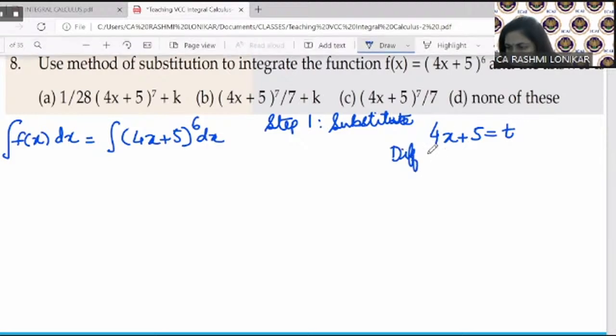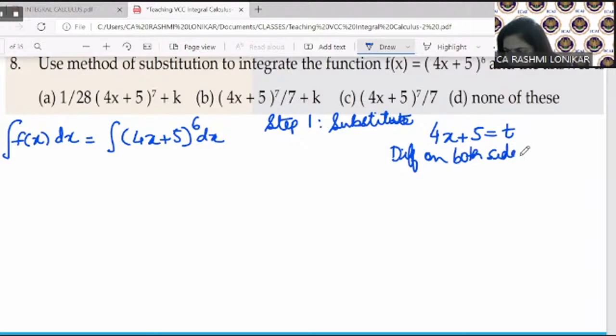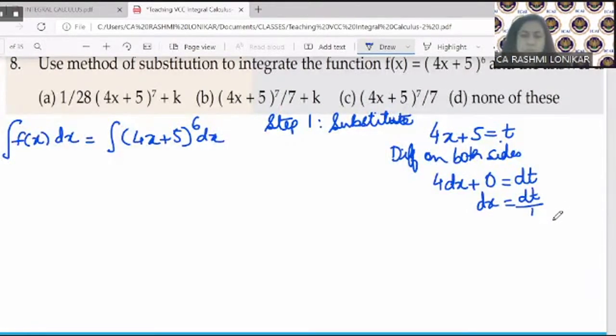Differentiating on both sides, we get 4 dx plus 0 is equal to dt. Because derivative of a constant is 0 and derivative of x is what? Dx. So 4 dx plus 0 is equal to dt. So what is dx? It is equal to dt upon 4.